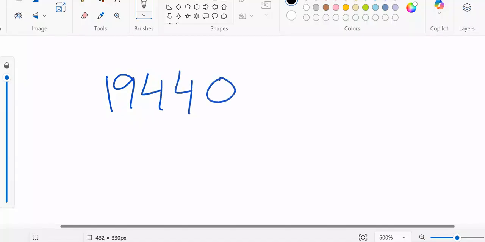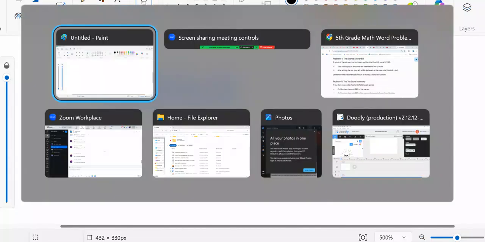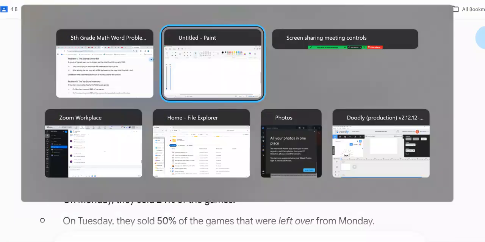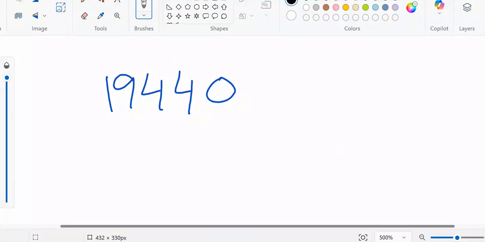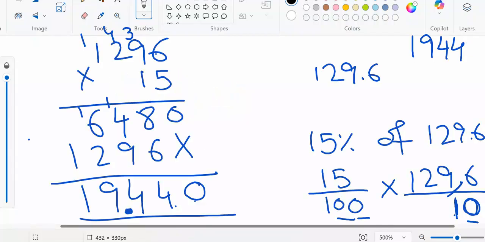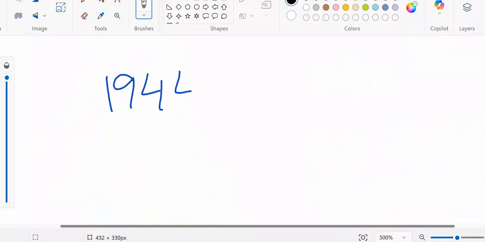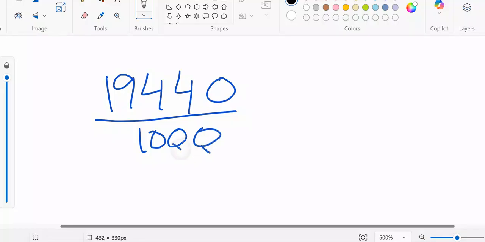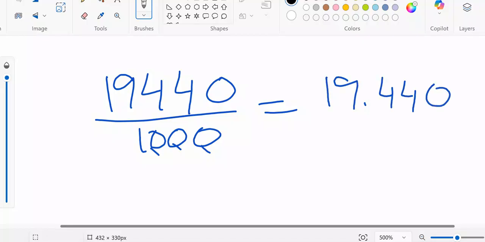This was the answer we got after multiplying 15 by what? What was the number? Sorry, let me go back. Yes, 15 by 1296. So it was 19440 divided by 1000. 1000 has 1, 2, 3 zeros, so the decimal will move 3 places to the left. 19.440.